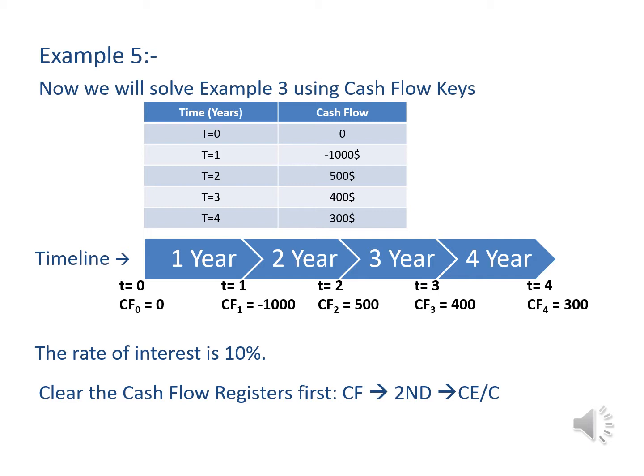So, when we press CF, second, and CE/C keys, we activate the clear work function which clears the cash flow registers. It is important to note that before doing any TVM or cash flow calculations, we should clear the TVM register and the cash flow registers respectively.